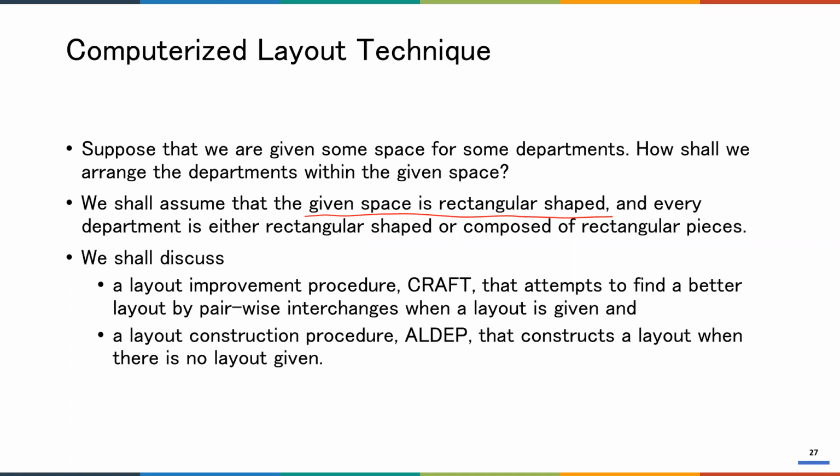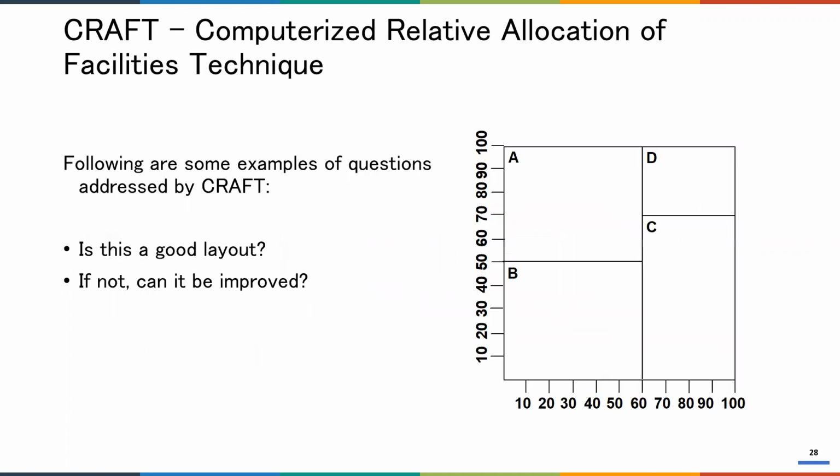The next algorithm that I will explain is called CRAFT, which is an improvement procedure. So if CORELAP is a constructing one, where we construct from scratch, in CRAFT we already have the initial solution. So this is the example.